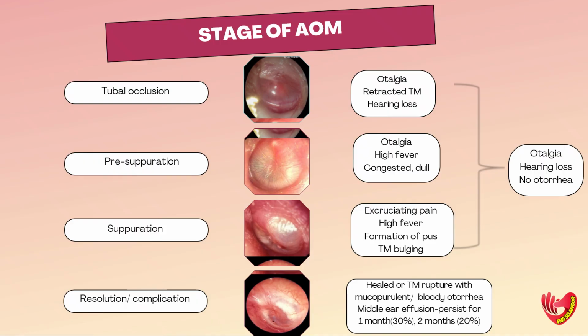In the stages of tubal occlusion, pre-suppuration and suppuration, patients may experience fever, otalgia and hearing loss. In the resolution or complication stage, the tympanic membrane may either heal or rupture, leading to a mucopurulent or bloody otorrhea. Middle ear effusion can persist for 1 month in 30% of cases, whereas for 2 months in 20% of cases.